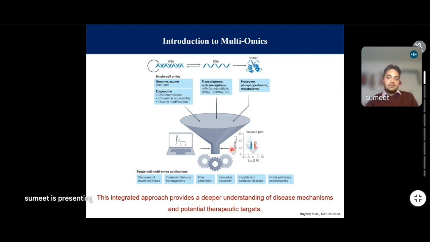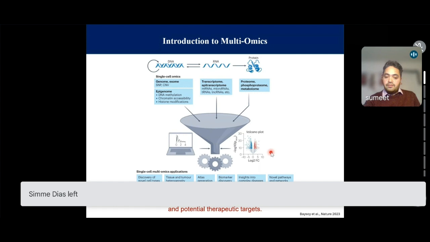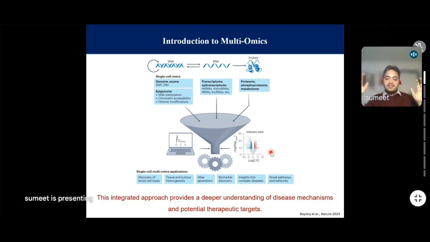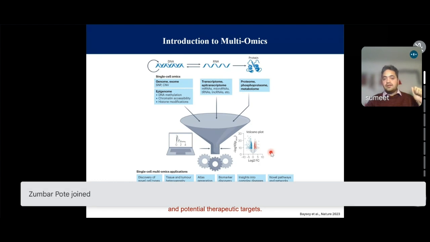So it's an essential and very important field in the drug development process. You can get insights into complex disease, novel pathways, and networks. And this integrated approach provides a much deeper understanding of disease mechanisms and potential therapeutic targets.